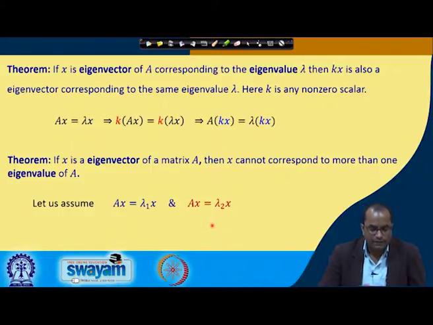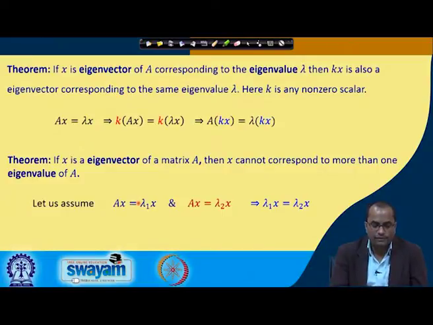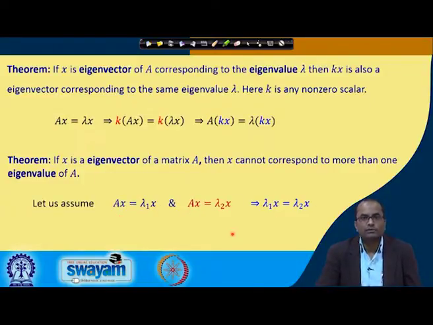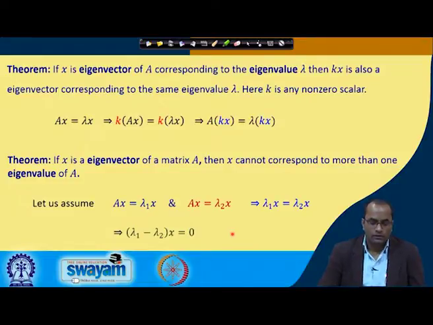Having this relation, we have lambda 1 x is equal to lambda 2 x, because they have the same value Ax. So, lambda 1 x is equal to lambda 2 x, which gives (lambda 1 minus lambda 2) times x is equal to 0, and x is an eigenvector, so it cannot be 0.